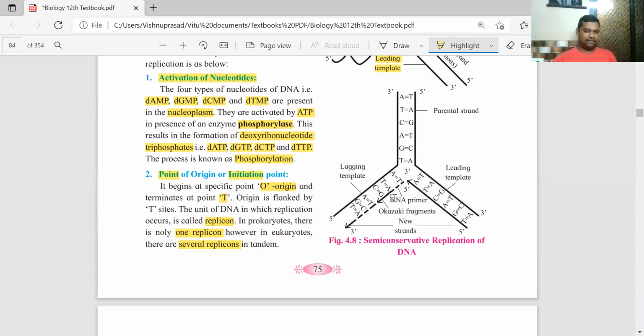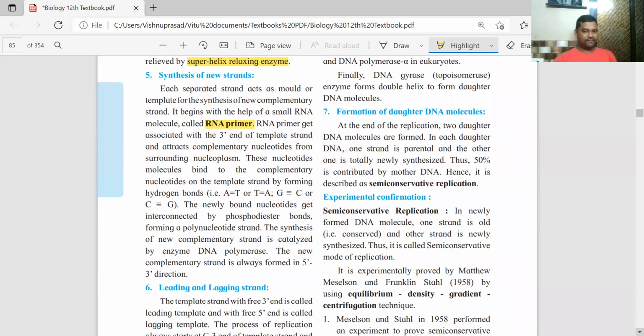RNA primer will always attach to the 3 prime template. That's why synthesis happens only in 5 prime to 3 prime. Then, as it moves ahead on the strand, according to the sequence present on the template, the respective nucleotide from the nucleoplasm is picked up and attached.